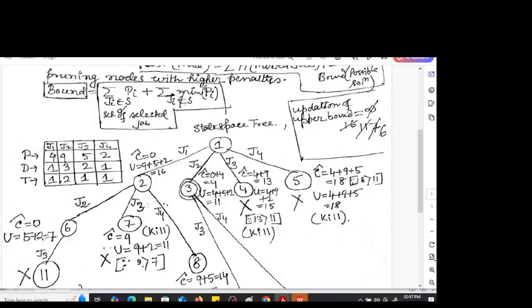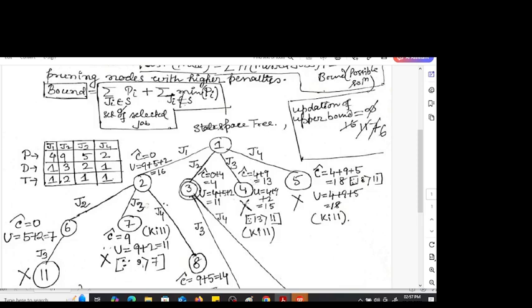Right now we have 11, so we have to kill this job. If the cost is going beyond the upper bound, then you have to kill the job, because the already existing upper bound is lesser than the cost. How can we take more cost for the related job? That has to be excluded.